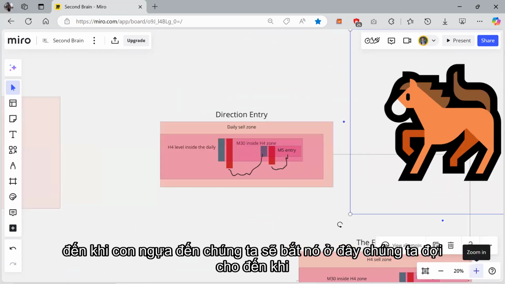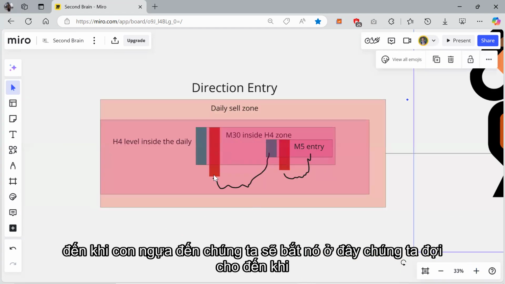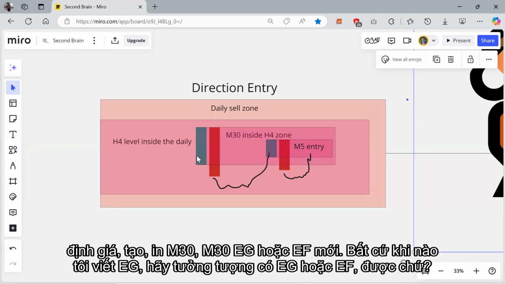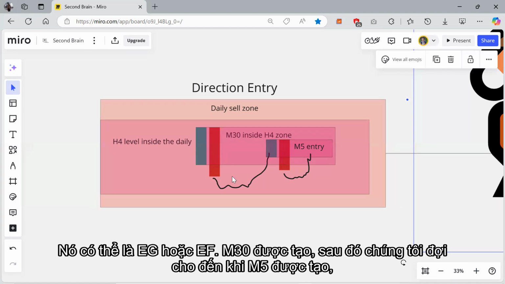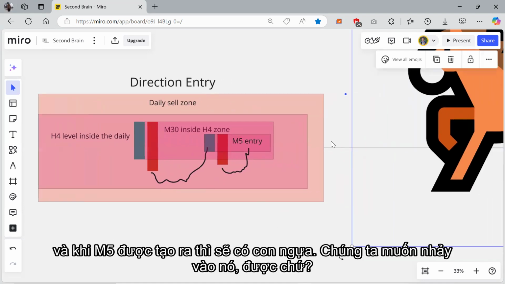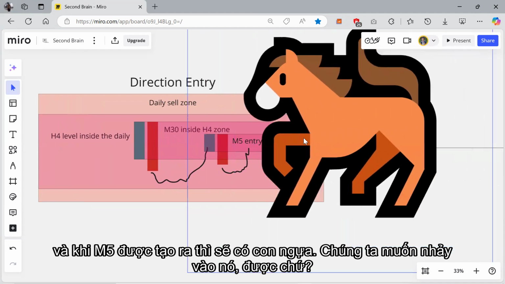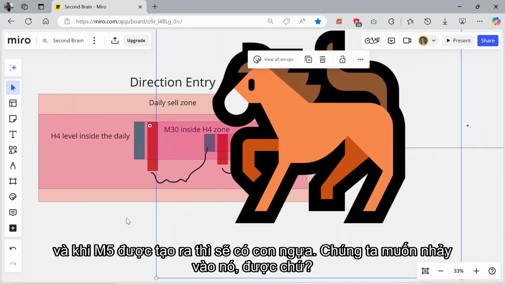We wait till the price prints a new M30 EG or EF. Anytime I've written EG, just imagine there is an EG or EF. Once the M30 is created, we wait till an M5 gets created, and when M5 gets created, there is the horse.